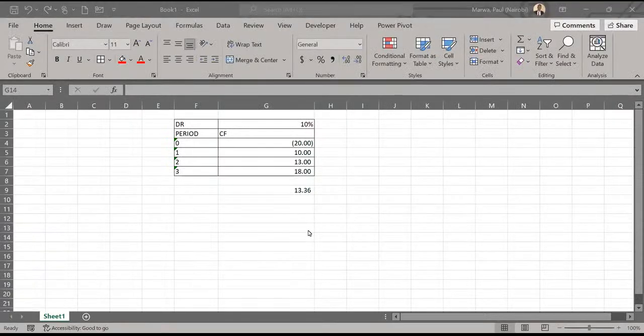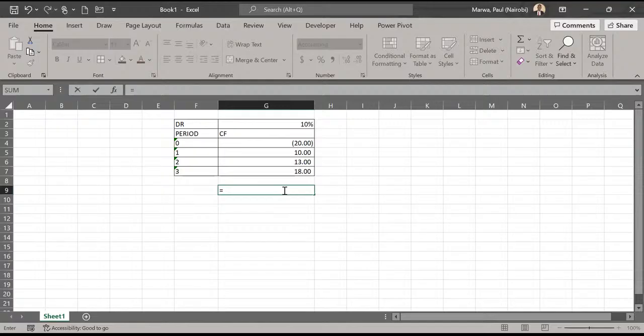And I can see, apart from JM, there is somebody on the queue. Let's see what he'll do. Let's start again. Equals NPV. The rate is 10%, comma.